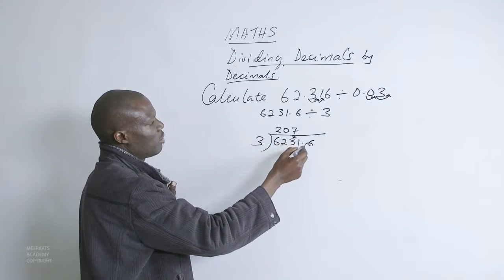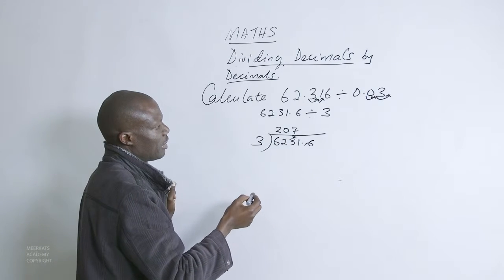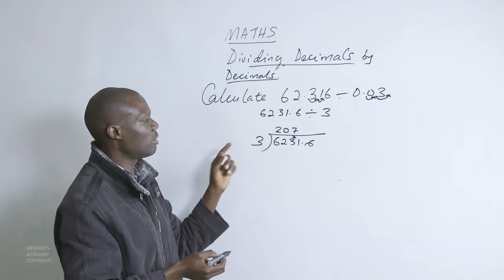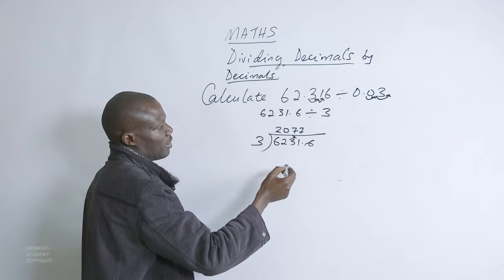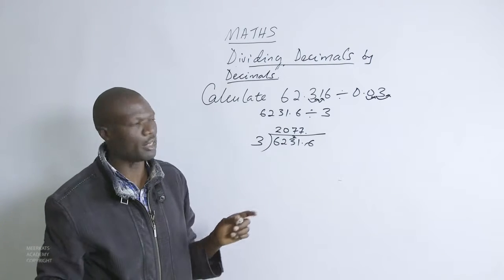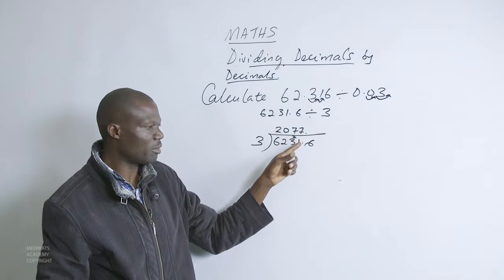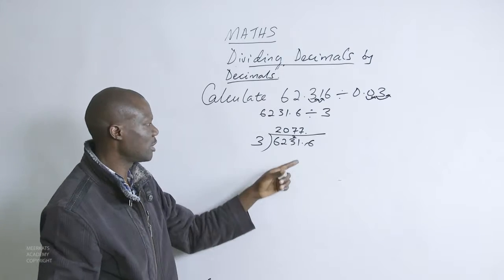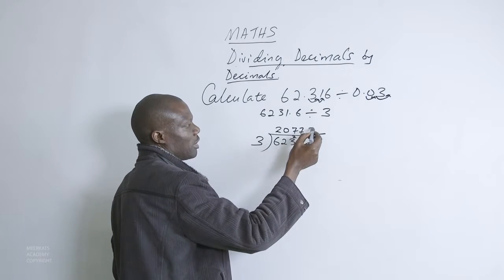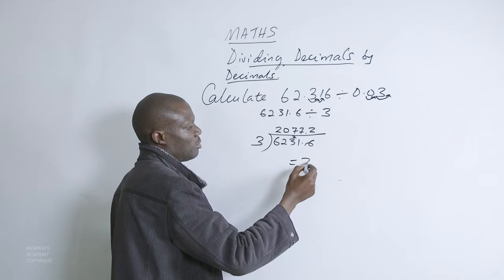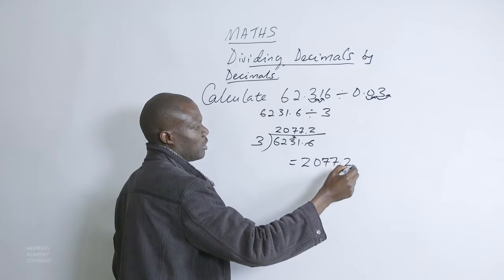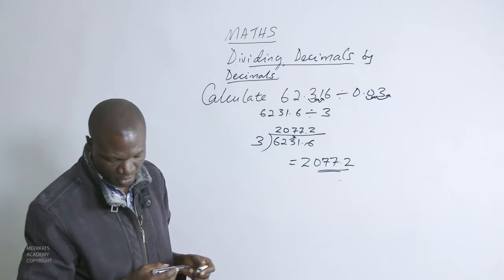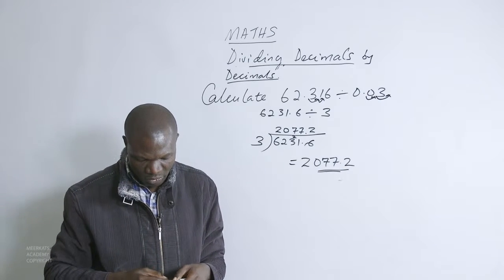So 21 divided by 3, we shall get 7. No remainder. We have our decimal point above the one in the dividend. Then 6 into 3, we get 2. So we find our answer to be 2077.2.